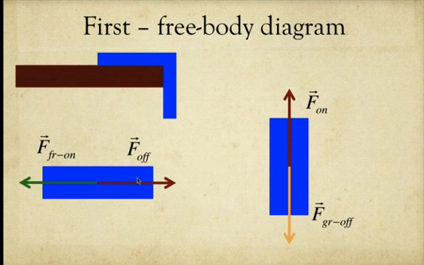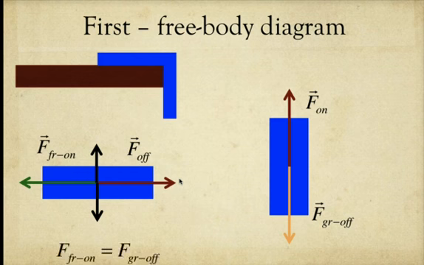And I even made them the same color, so you would see that these two forces are equal, which makes these two forces, the force of friction on the on part and the force of gravity on the off part, equal as well. These two are also applied to the on part, but they don't make much of a difference for us. So friction on the on part equals gravity on the off part.